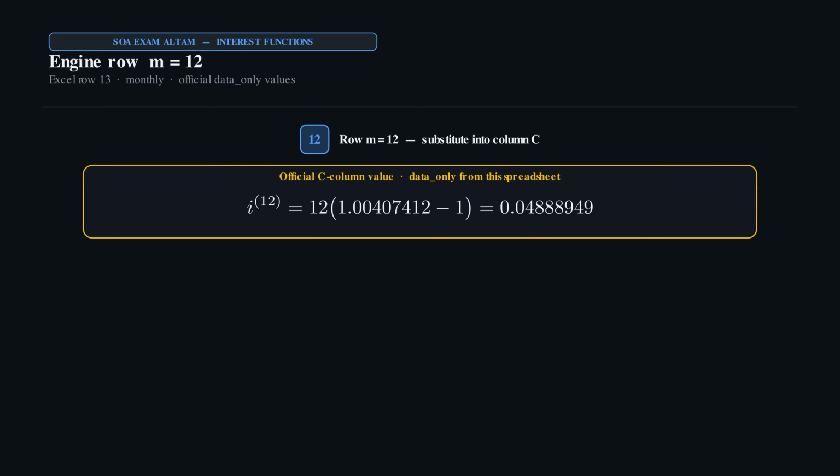Subtract 1 to get 0.00407412, then multiply by 12. i upper 12 is 0.048888949. Official cell C13. This is the nominal annual rate convertible monthly that matches effective 5%.